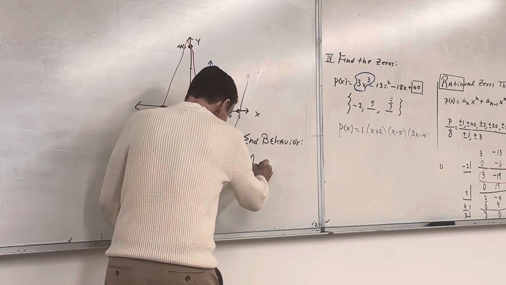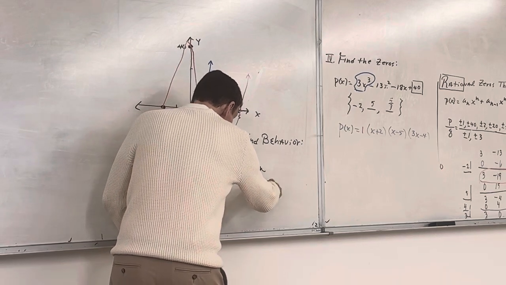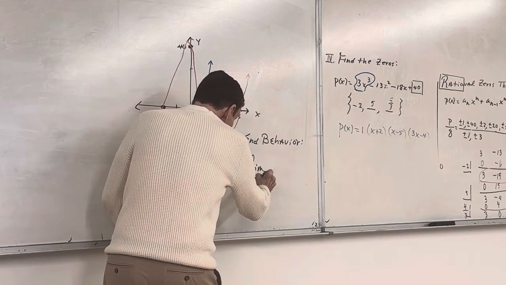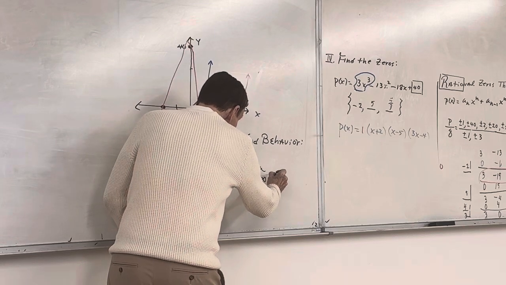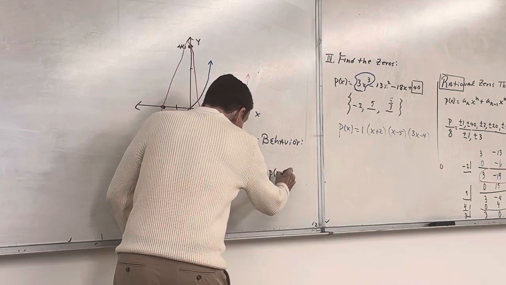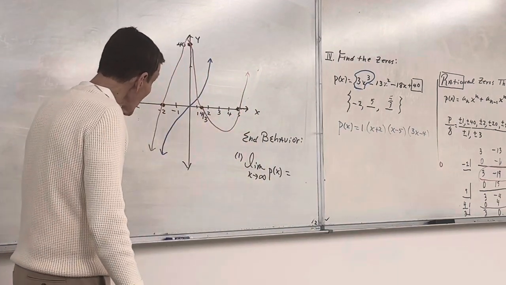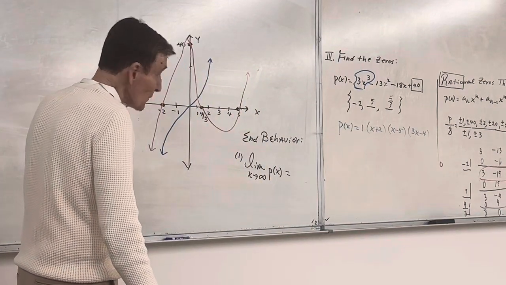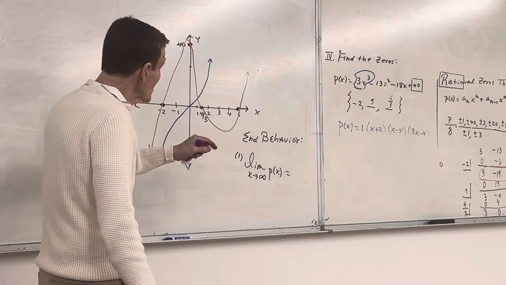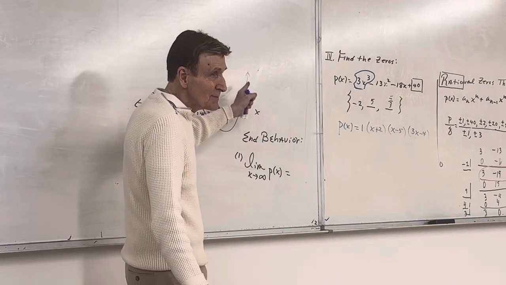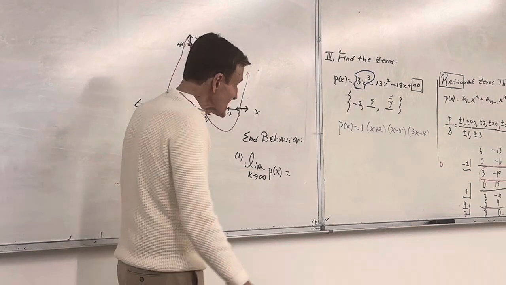I'm going to find the limit. We're using abbreviation, limit. As you make x get large, what is my p of x function? What's it doing? Guys, my p of x function is the red one. What's it doing out here on the end? Is it approaching infinity? Is it rising?